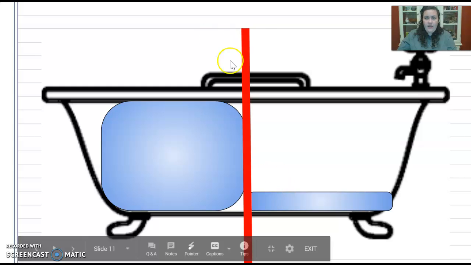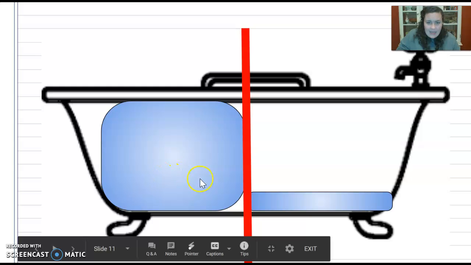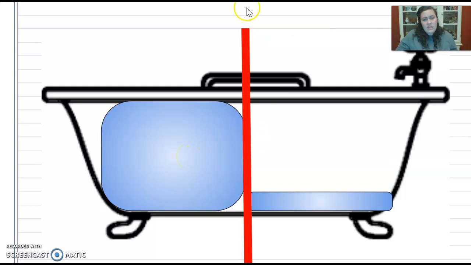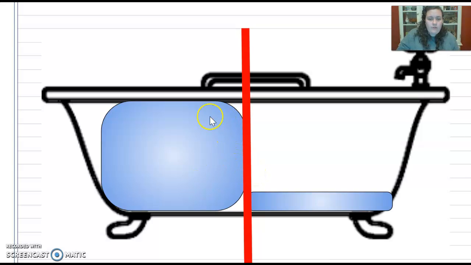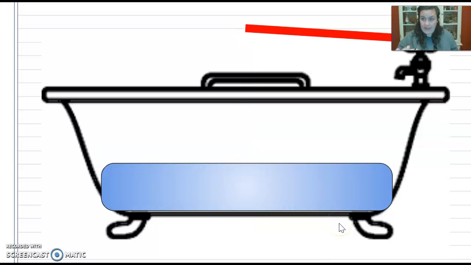Now, if I were to remove this weird divider thingy, it would even out. The water wouldn't stay like it is, because if I moved this, it would even itself back out. So the fancy way of saying what is happening here, which is a very simple concept, is that molecules will move from high concentrations to low concentrations. And again, that just means that things will even out if they're allowed to.